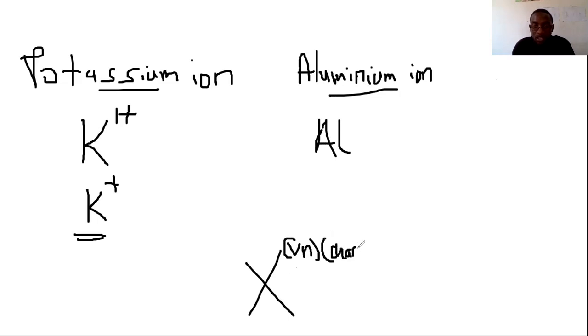The charge tells us if it's a metal or non-metal. What is the valence number for aluminium? You know that aluminium is coming from group 3, therefore its valence number is 3. Is it on the metal side or the non-metal side? It's on the metal side, therefore it will carry a positive charge. This is called aluminium ion.